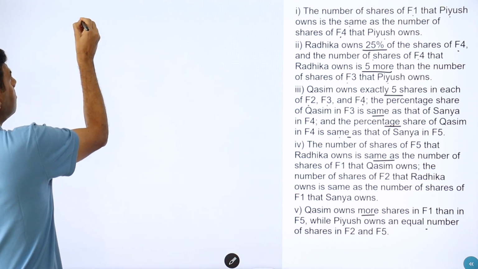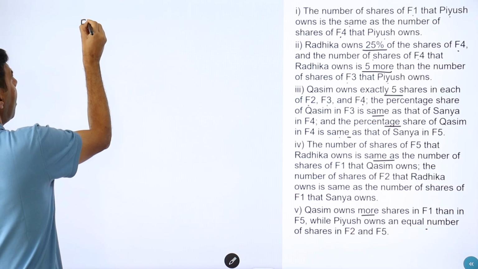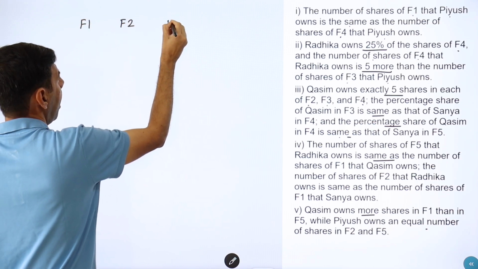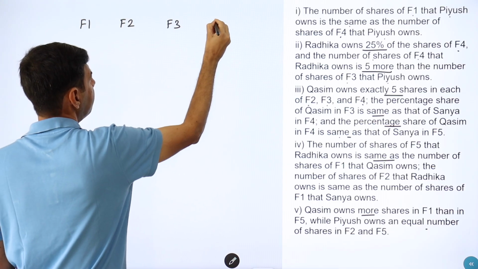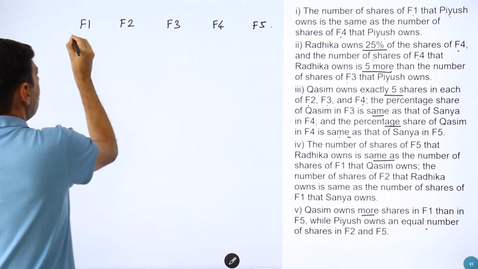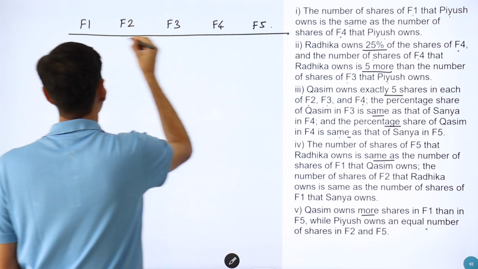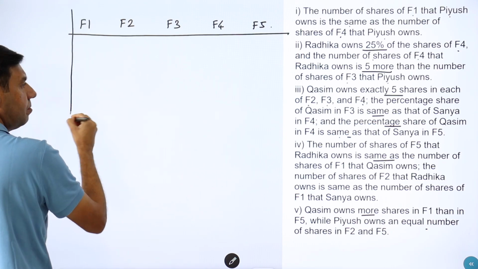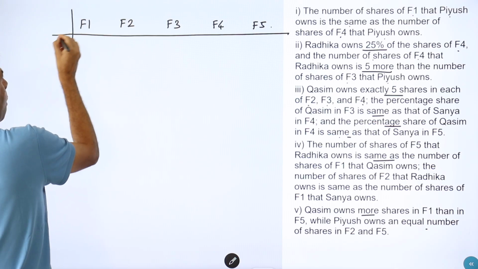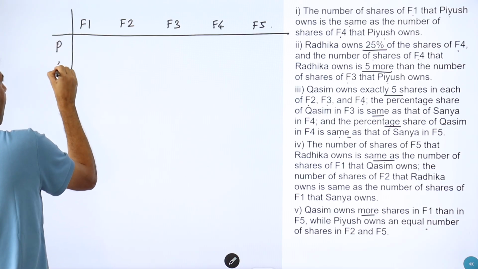You will have firms on one axis, F1, F2, F3, F4 and F5, the 5 firms, and the number of shares and also the percentage. I'll keep a tab of both because some data is about percentage, some data is about numbers, that PQRS have.